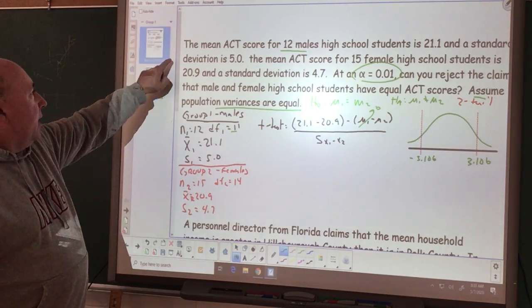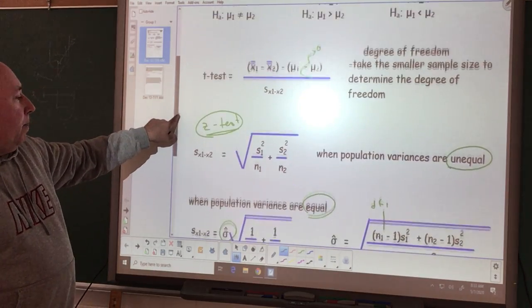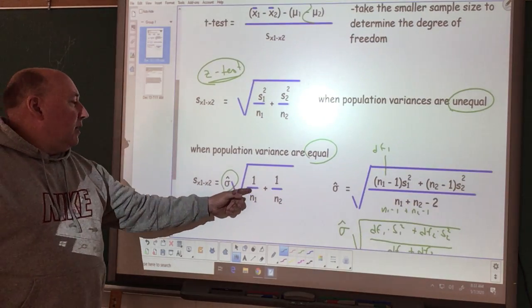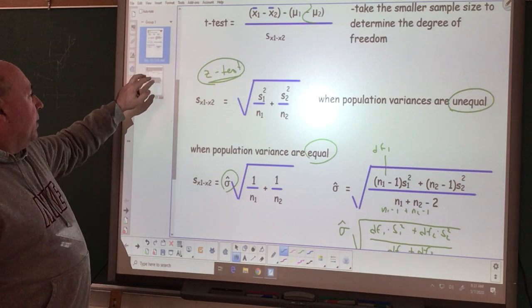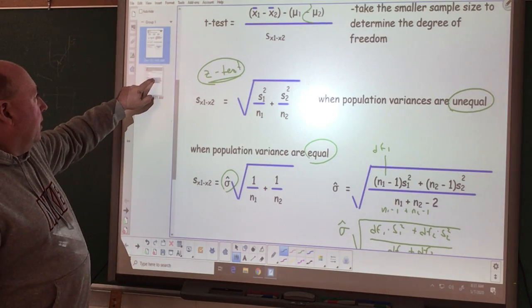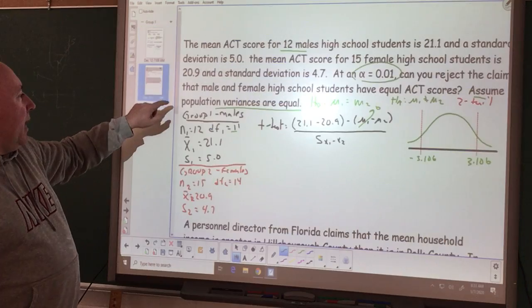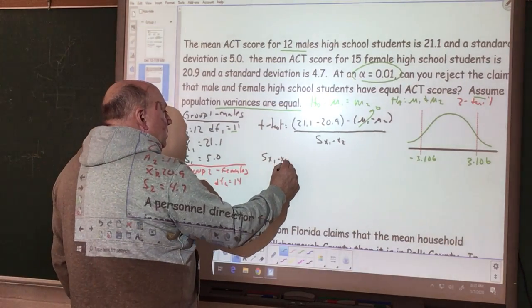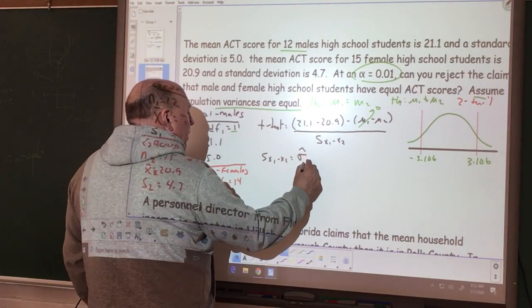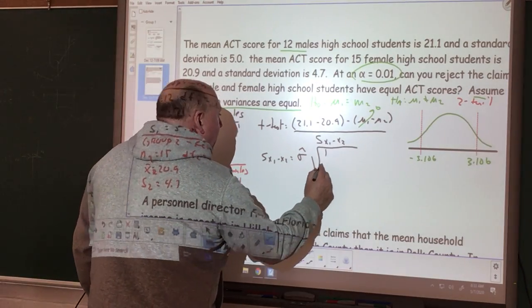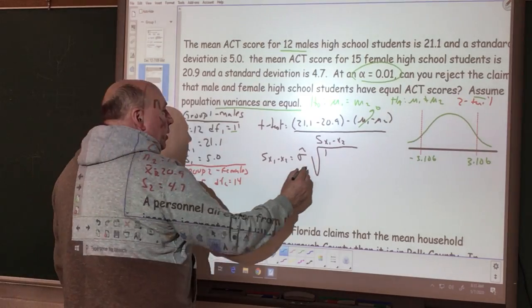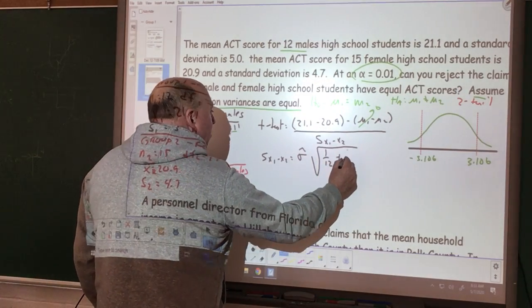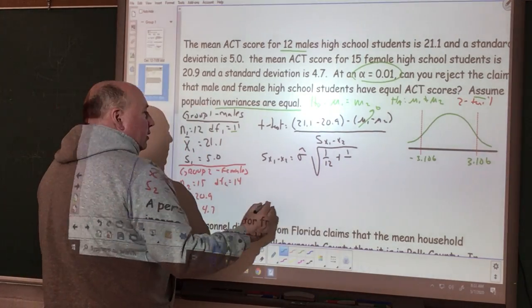So we have to look at sigma hat times the square root of 1 over n1, which is 1 over 12, plus 1 over n2, which is 15.